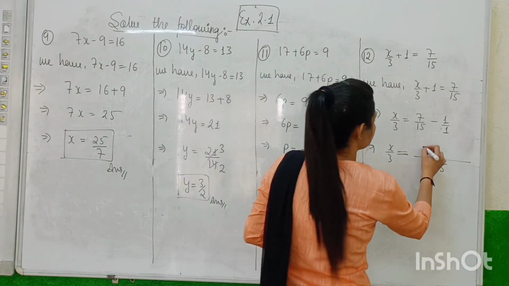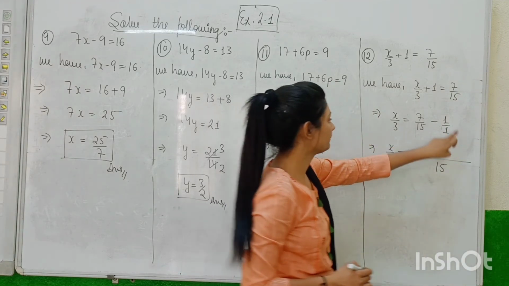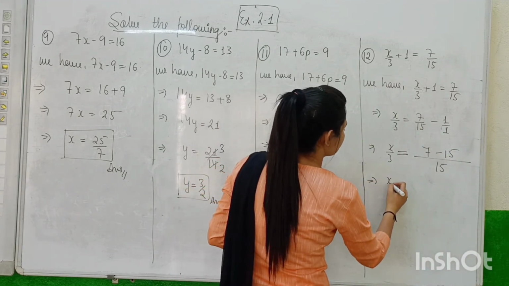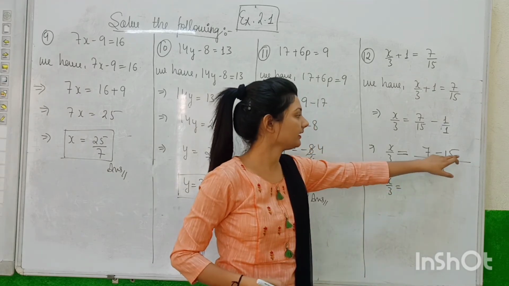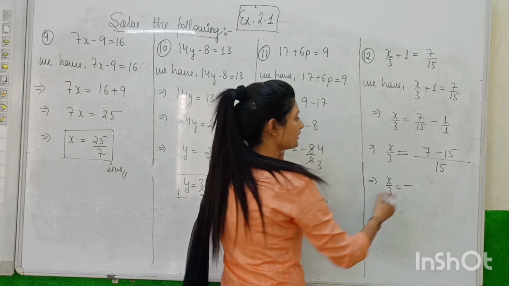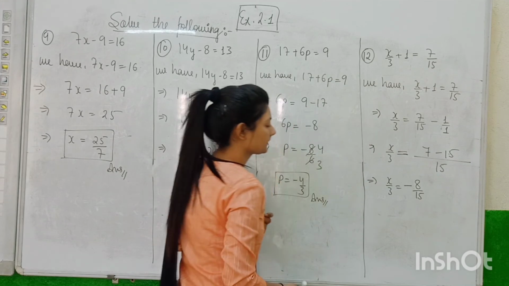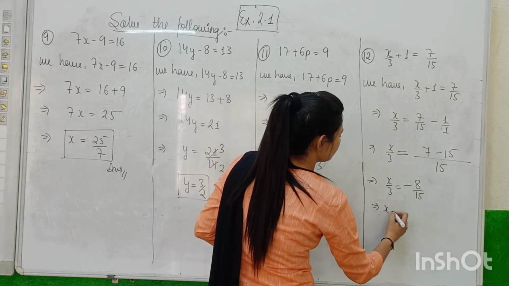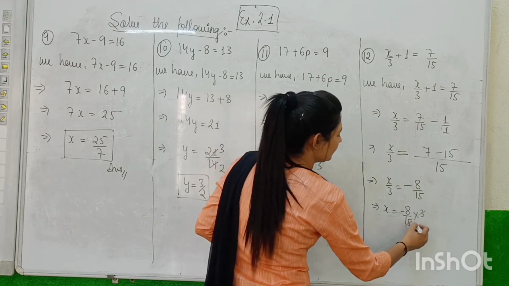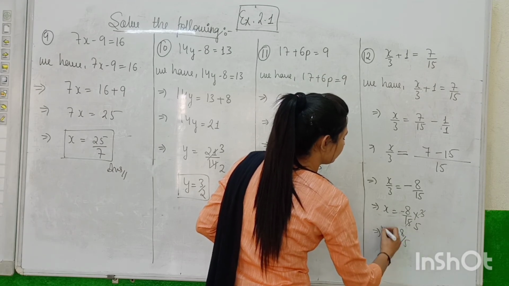So 1 into 7 is 7 minus 1 into 15 is 15. So x by 3 will be equals to, subtracting this greater number from the smaller number will give us a negative number. So 7 minus 15 is minus 8 by 15. Now this 3 is in the denominator, so this will go in the numerator, that is multiplication. This 15 will be cancelled by 3, that is x is equals to minus 8 by 5.